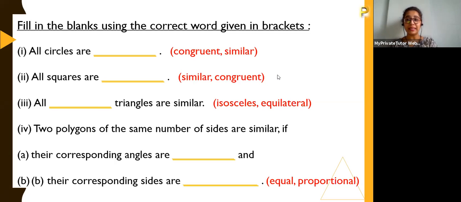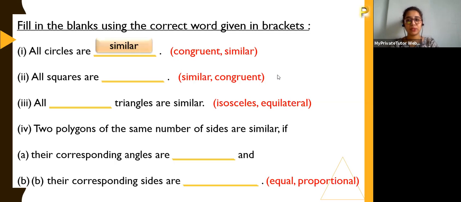Congruent is totally equal, same shape, same size. Similar is only same shape, but not same size. If you talk about the circles of a ball and a clock, their shape is the same, right? But their size is not the same. Therefore, the answer is all circles are similar.